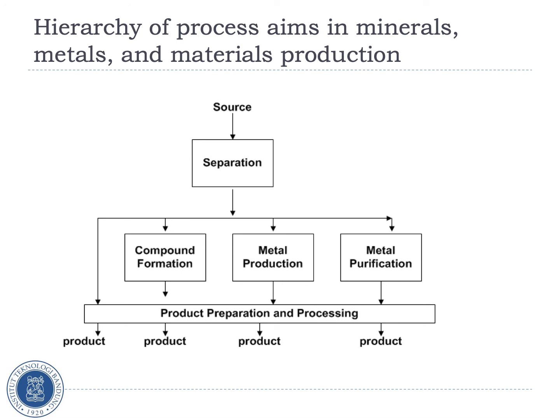So we need metal purification after we got the copper bullion. Copper bullion is like a crude copper, like 98% copper. We have to do purification up to 99.99999%, something like that. Okay, and then after that all the product preparation and processing, and then we can sell it as a product.